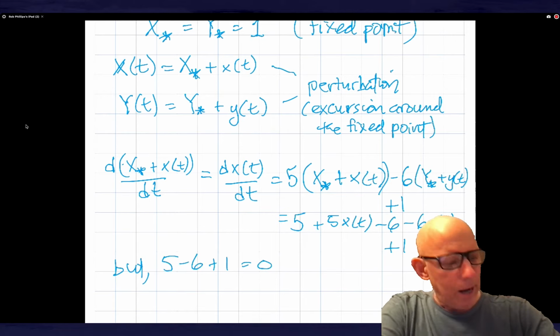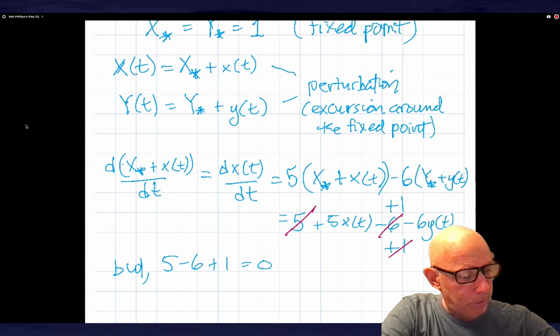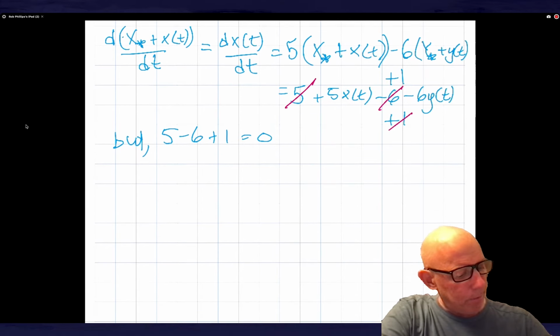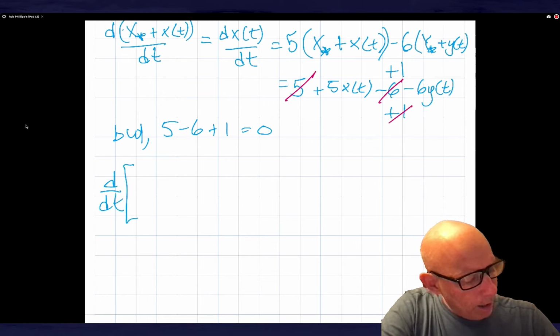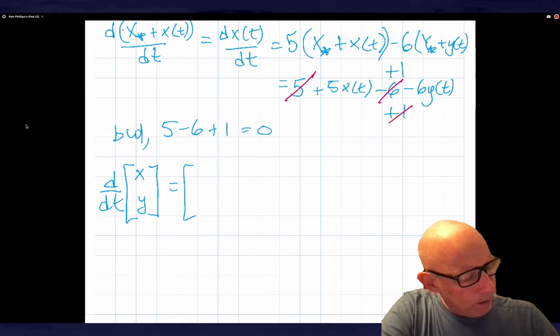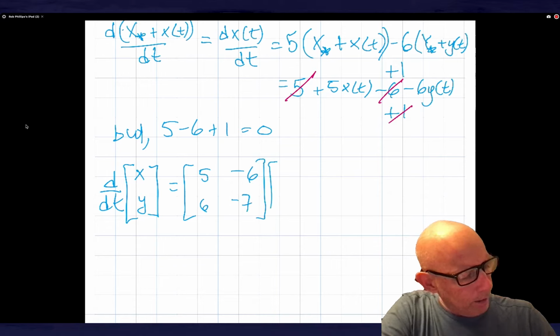So what I'm left with, and if I make a similar analysis for the y equation, what I'm left with is d by dt of little x, little y is equal to the matrix 5, minus 6, 6, minus 7, times little x, little y.